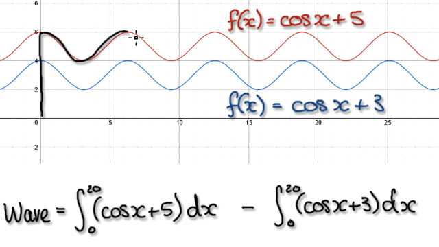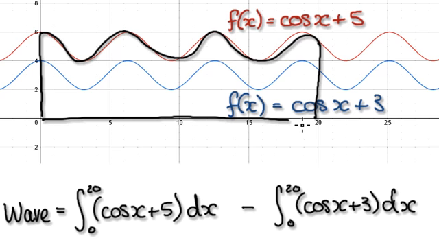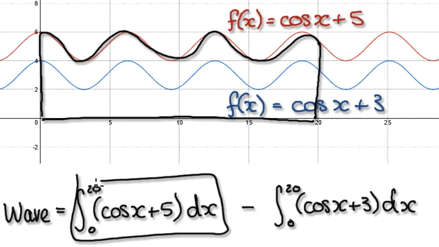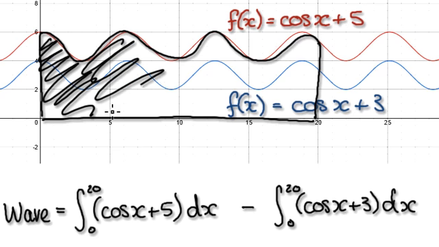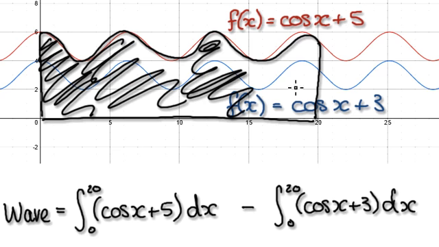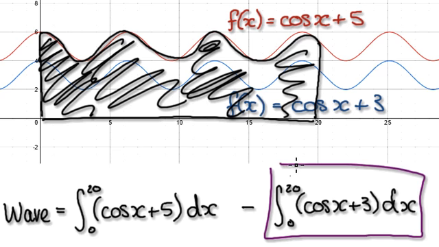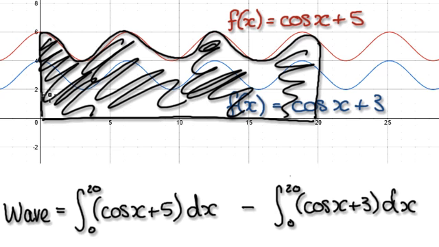So the way we did it was we worked out this area from 0 to 20, which is this area here, and then we would take away the area of the blue line.